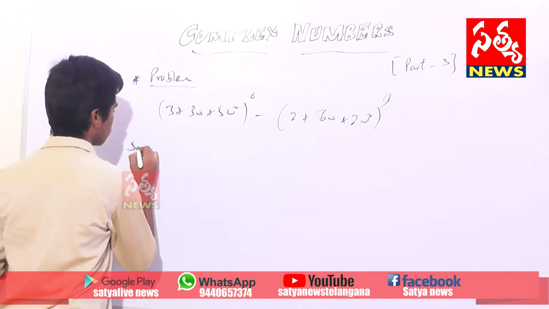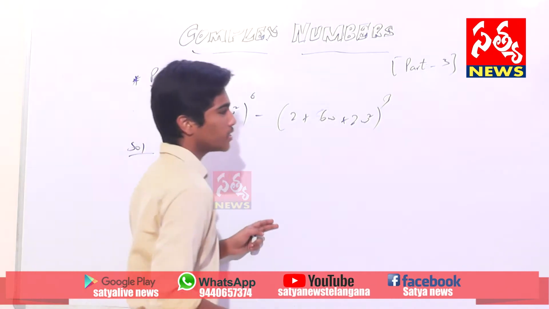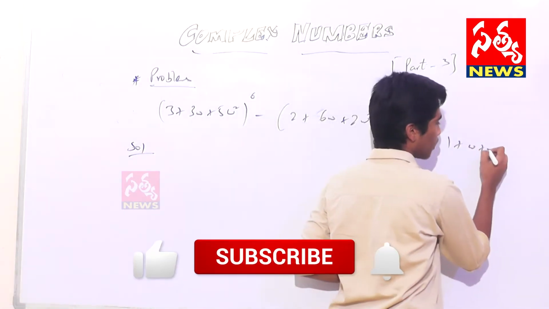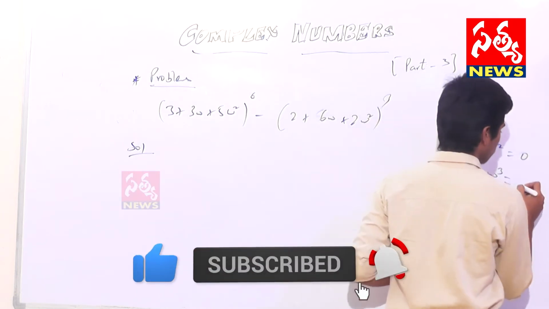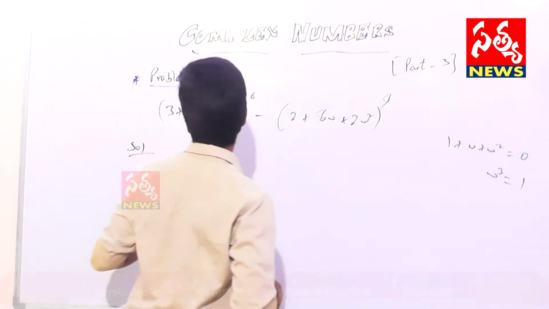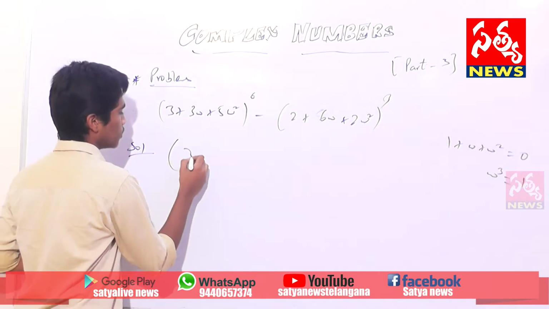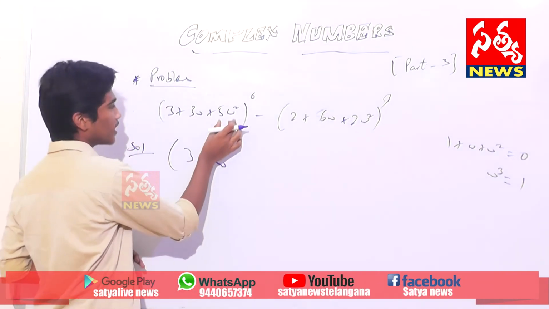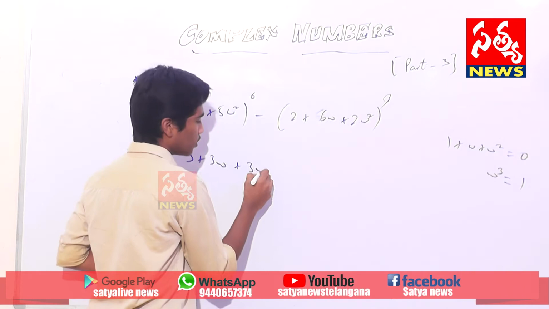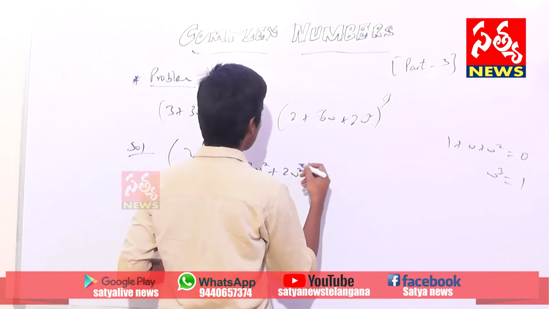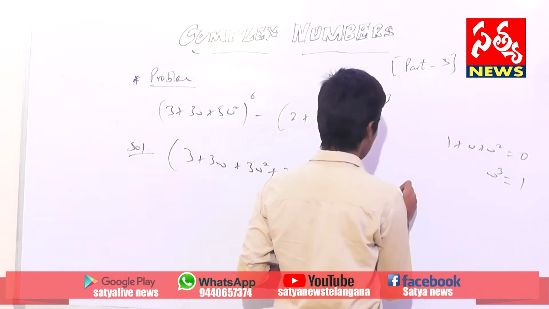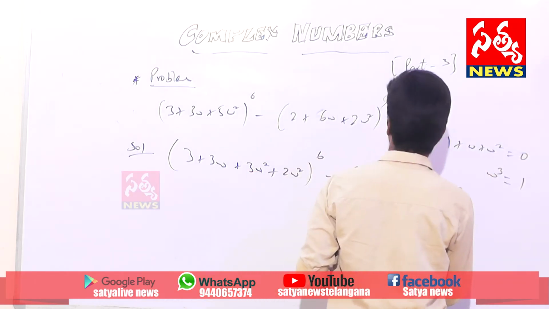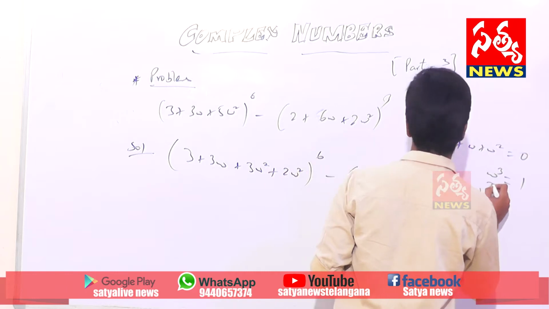Let's solve it. We know the conditions that 1 + ω + ω² = 0, right? And ω³ = 1. So now we can split 5ω² as 3ω² + 2ω², giving (3 + 3ω + 3ω² + 2ω²)^6 minus, and here 6ω as 2ω + 4ω, giving (2 + 2ω + 4ω + 2ω²)^3.